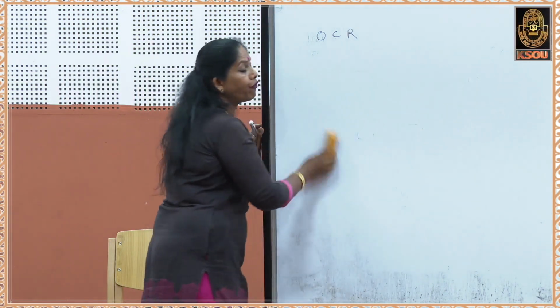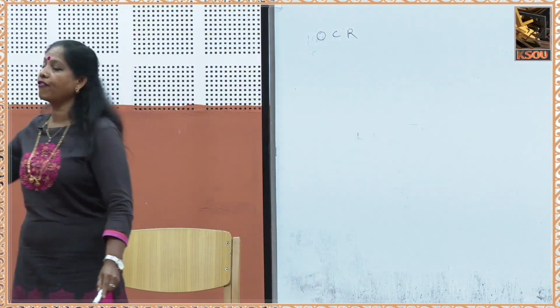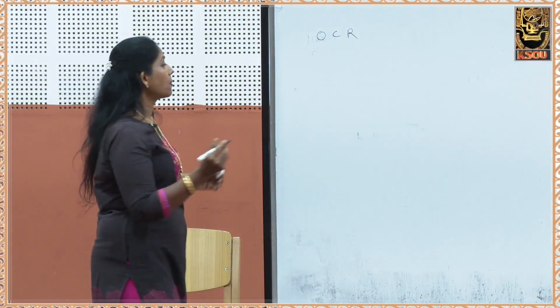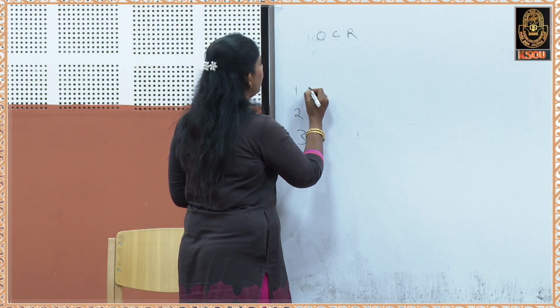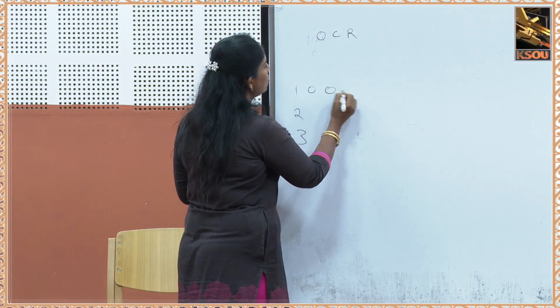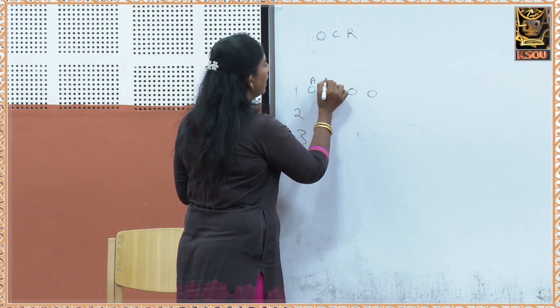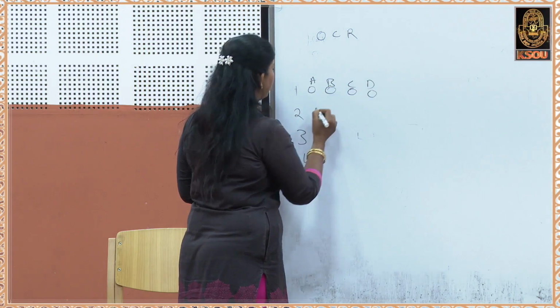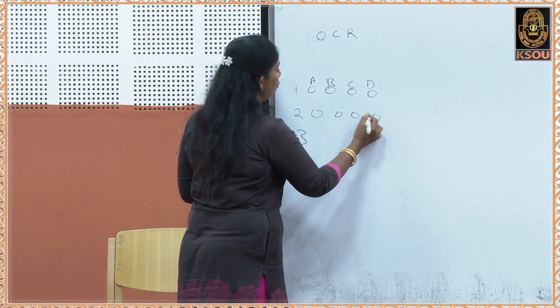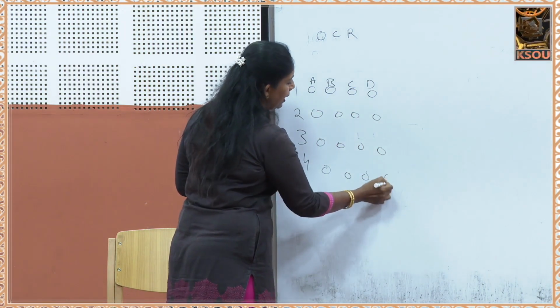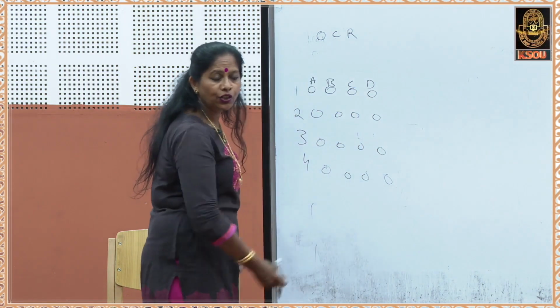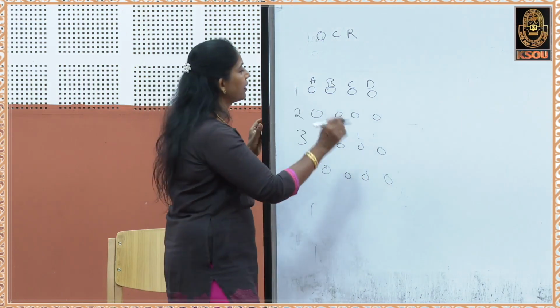So it will have 4 circles. Each question will have 4 circles. Suppose question number 1, 2, 3, 4. Like that, and 200 questions like that you will have.